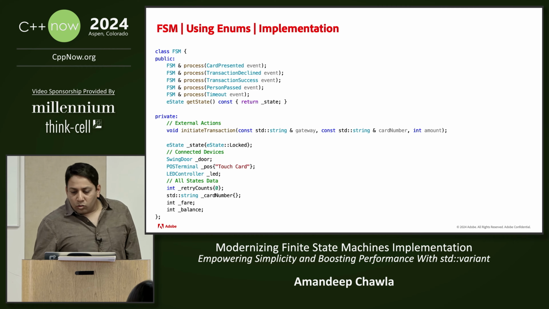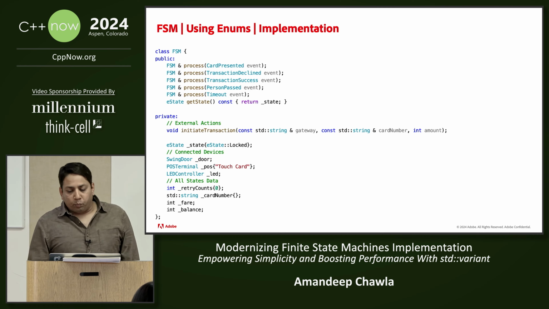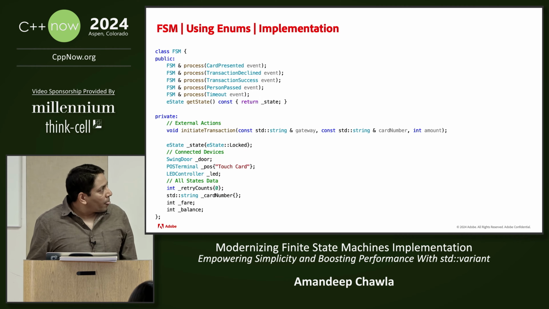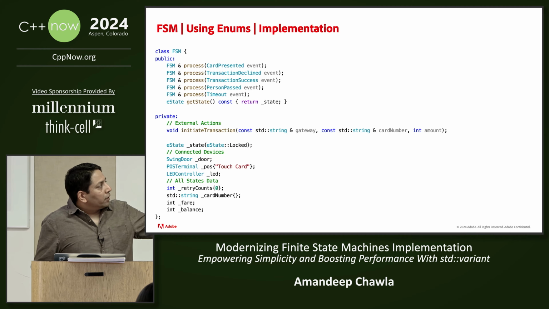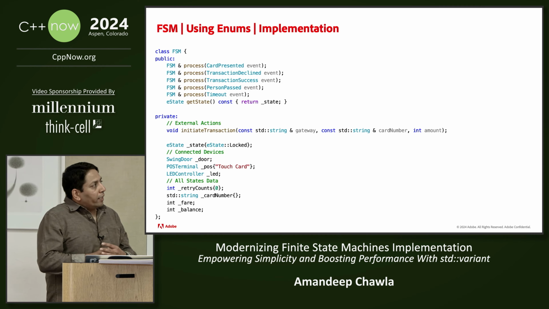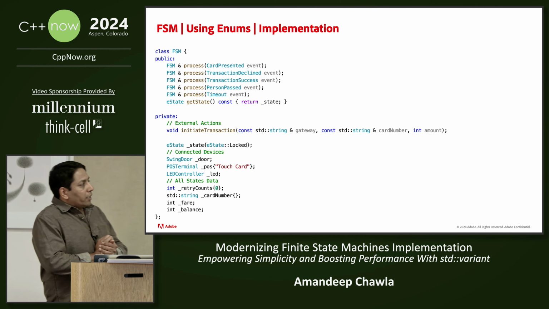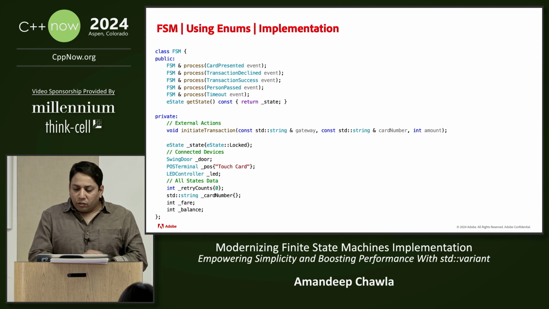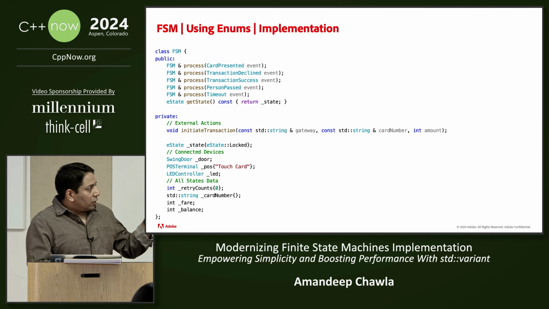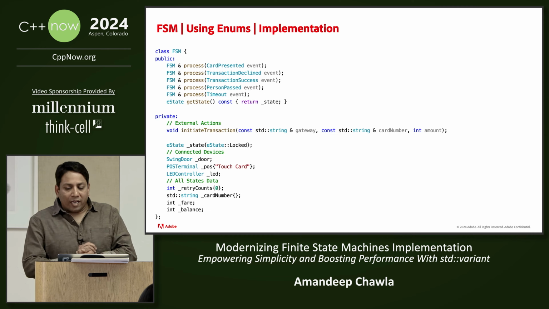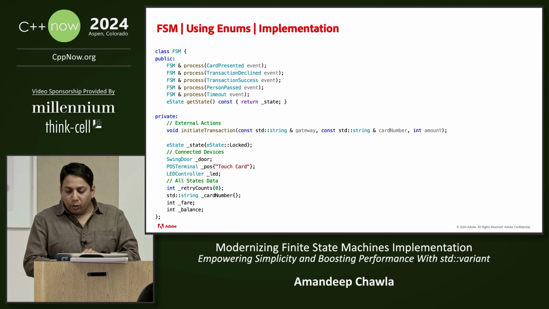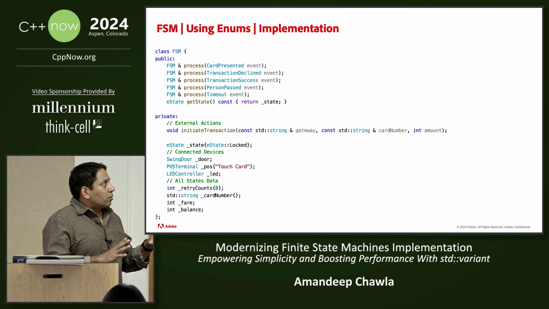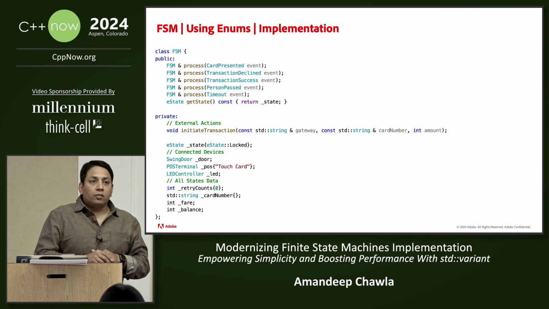We have 5 overloaded process functions, each corresponding to one of the 5 events in our system: card presented, transaction declined, transaction success, person passed, and timeout. We have a member variable _state which is used to track the current state, initialized to logged during construction. So every time we create this FSM object, our initial state is always logged.